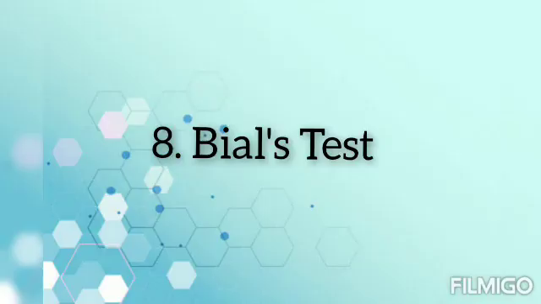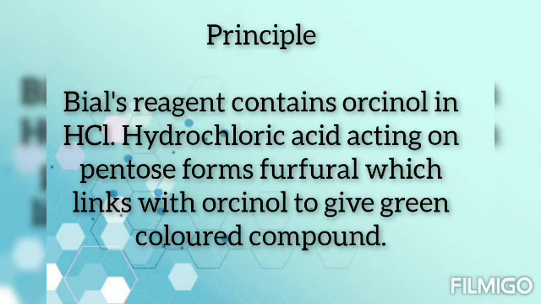Next test is Barfoed's test. Principle: the Bial's reagent contains orcinol in HCl. The hydrochloric acid acting on pentose forms furfural, which links with orcinol to give green colored compound.